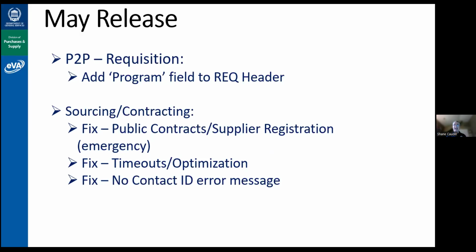Again, this is not a change to any accounting or allocating that is done at the line item level, but it is simply some prep work we are doing as we look at this functionality that eVA calls program. So more to come on that, but I wanted to be clear, we are turning this back on, so you will see a field there on your rec header called program.